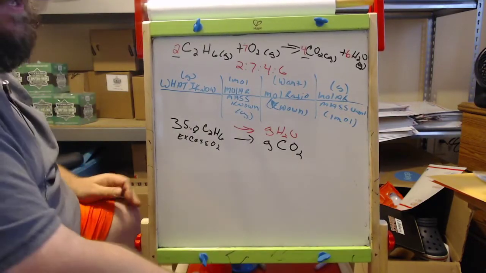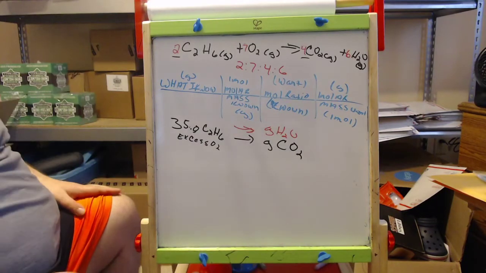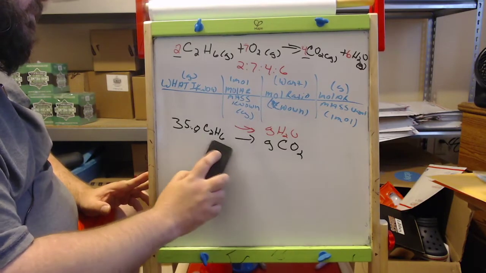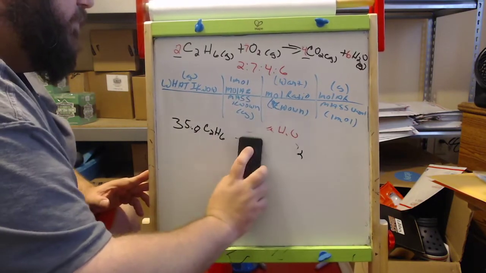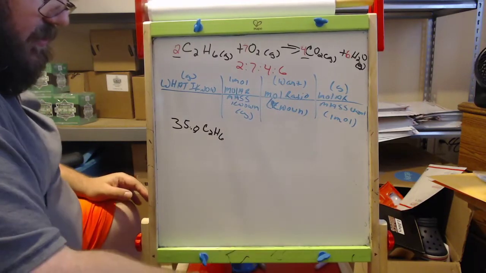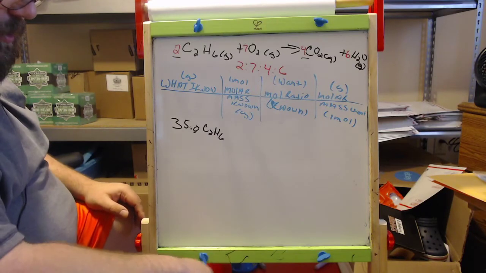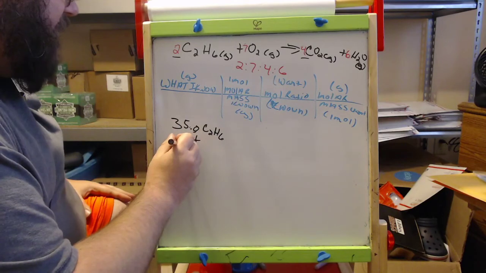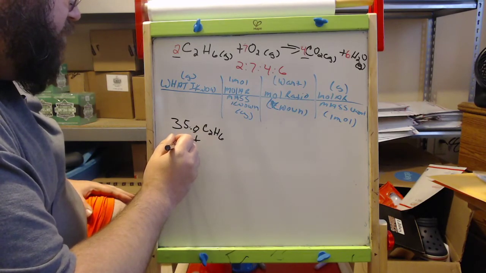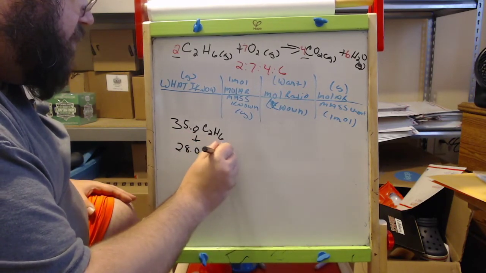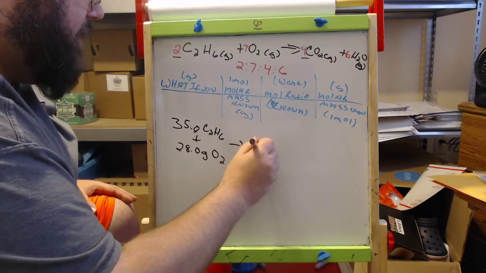Instead of excess O2, it says we take 35 grams of C2H6, and we add it with, let's say, 28 grams of O2. And I want to know how much CO2 I get out.